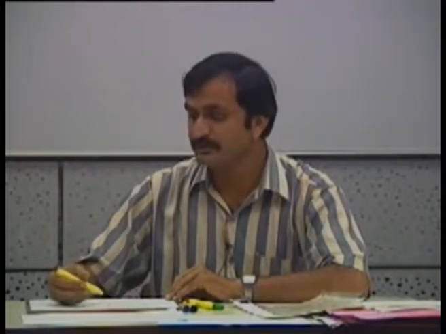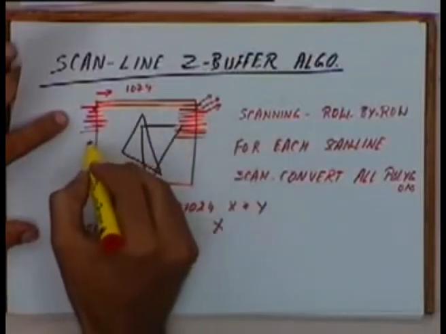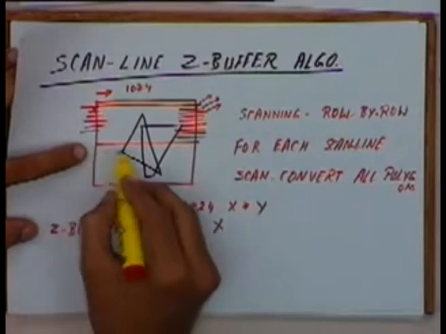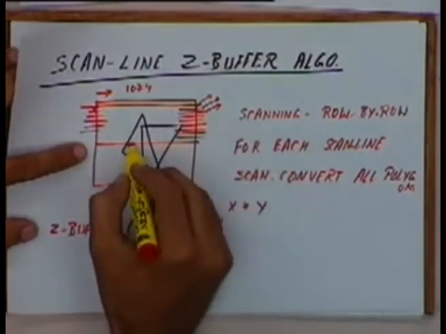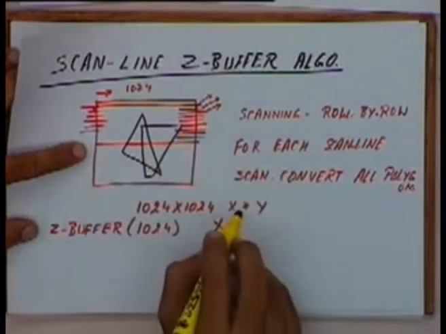So where are you storing the previous information? I mean, side by side you are displaying. Yeah, see, let's say I'm looking at this scan line. For this scan line, let's say I decide that in this portion the first polygon is to be displayed, in this portion the second polygon is to be displayed.